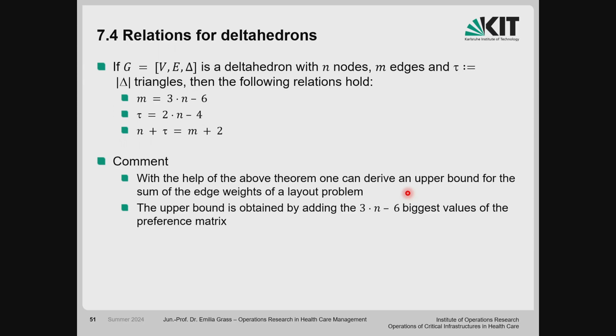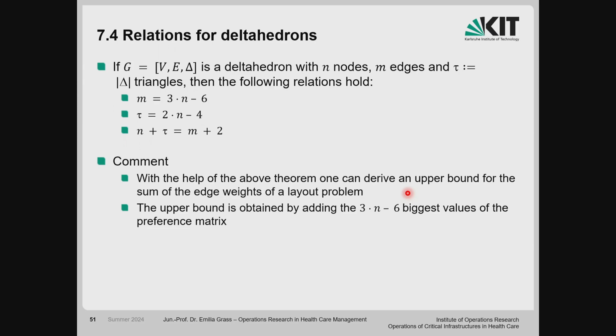The diagonal is neglected, and then we ask the hospital officials what kind of preference they would like to have. And they say, well, I don't know, 3 and 5 and 1 and whatever, 8, 7, 1, 3, 4. Maybe something between 1 and 10, or it could be normalized between 0 and 1. And then you have this preference matrix here.